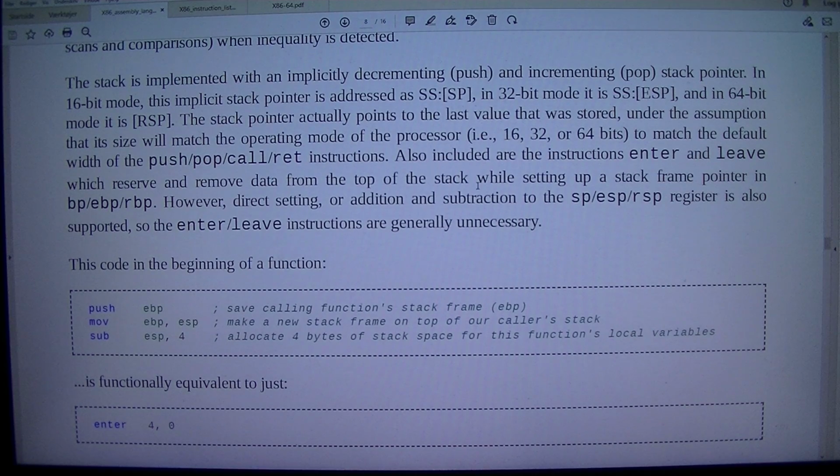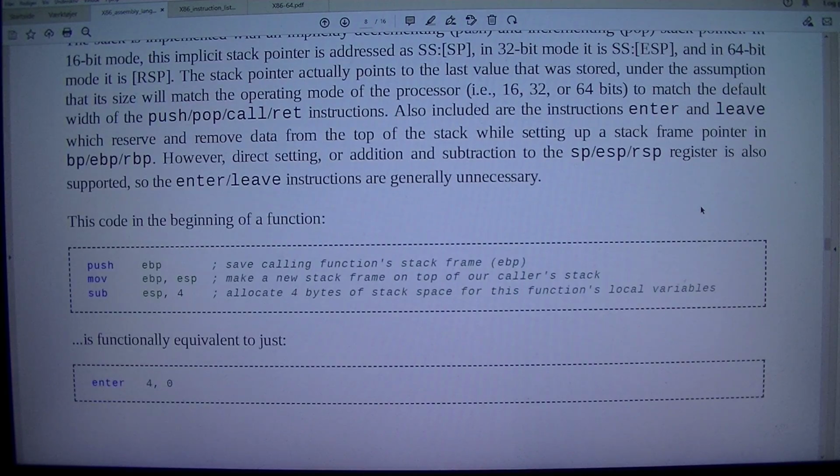Also included are the instructions enter and leave, which reserve and remove data from the top of the stack while setting up a stack frame pointer in BP/EBP/RBP. However, direct setting, or addition and subtraction to the SP/ESP/RSP register is also supported, so the enter/leave instructions are generally unnecessary.